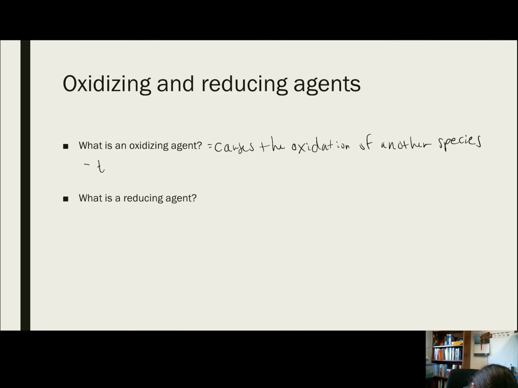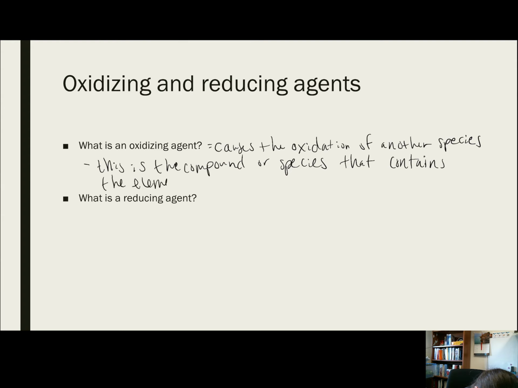This is the compound or species that contains the element that is being reduced. As a side note, something that is oxidized or reduced will be a single element. An oxidizing agent would be a compound, or the full thing.